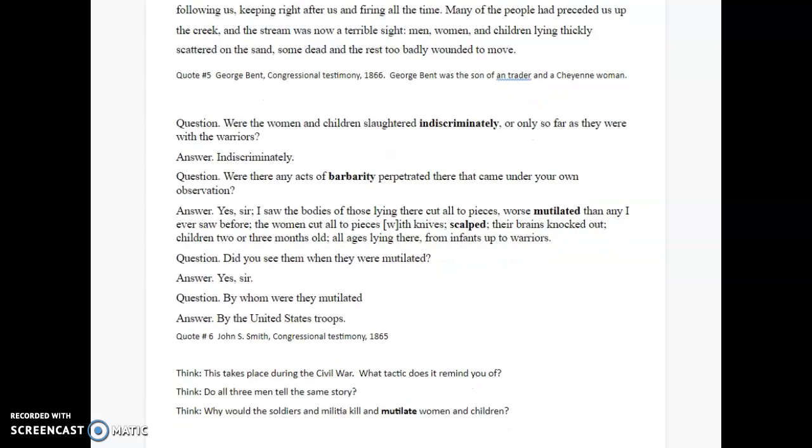And the 3 of them talk about what happened there. And I want you to compare and contrast what they say with the drawings by the Cheyenne themselves. Do they all tell the same story?